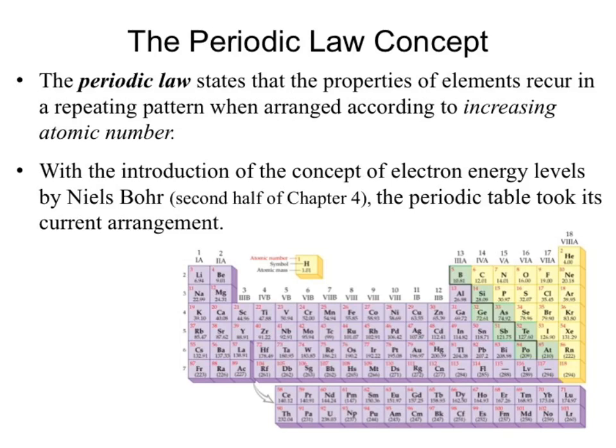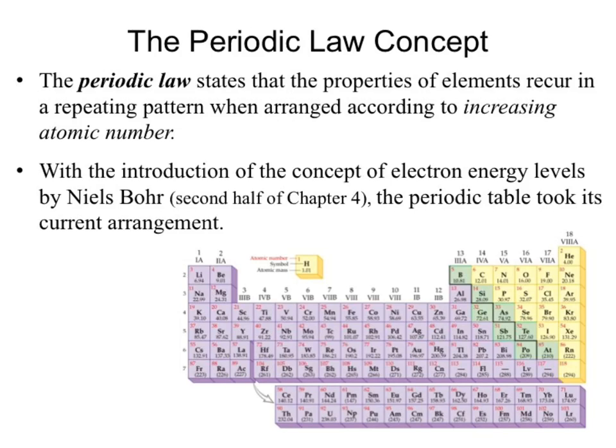Everything under nitrogen has similar chemistry to nitrogen. Everything under nickel has similar chemistry to nickel. Is it perfect? No, and we can talk about that later. Everything underneath beryllium has similar chemistry. So by organizing according to our atomic number, we get these general patterns that come out of this.